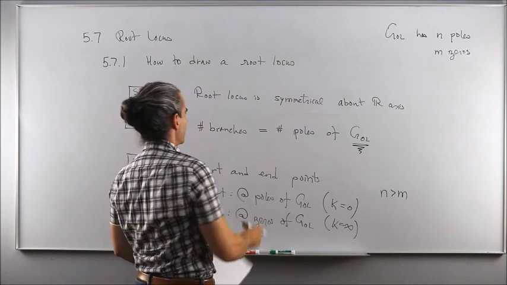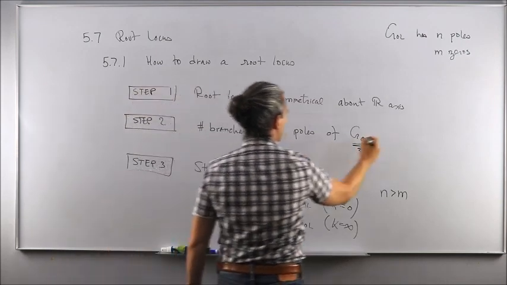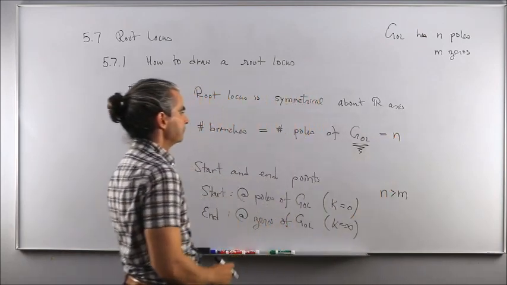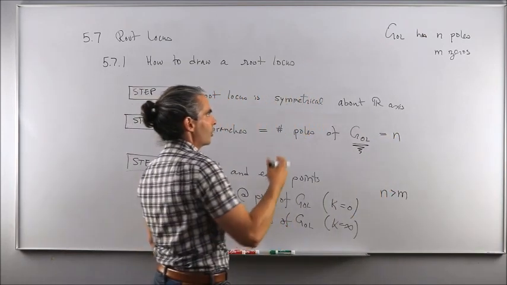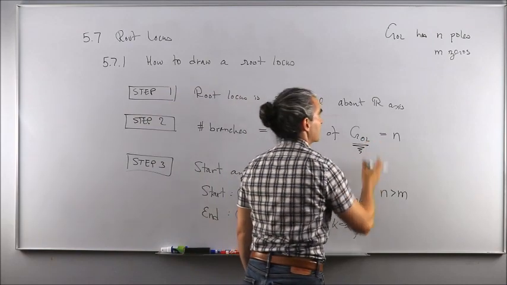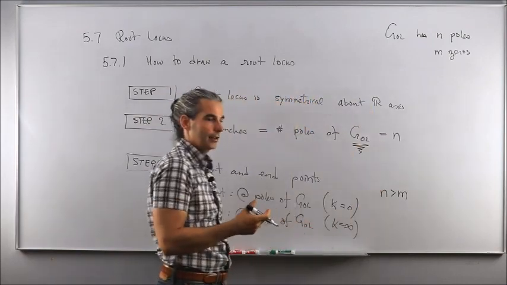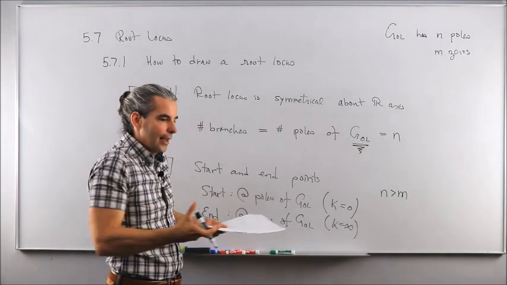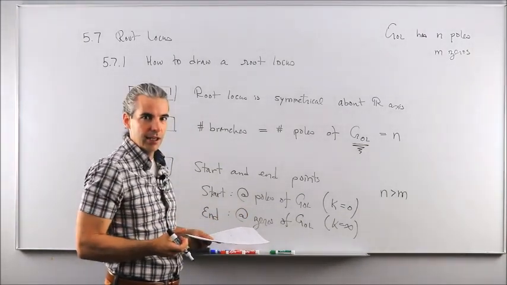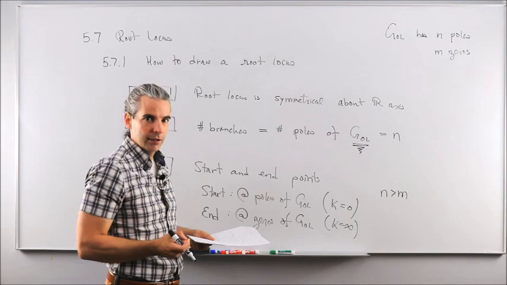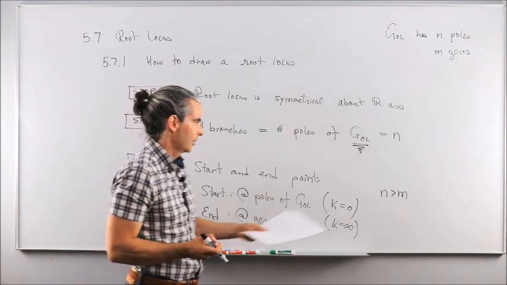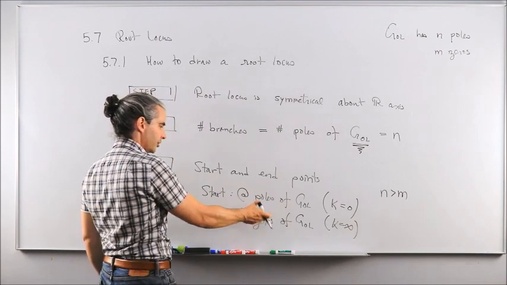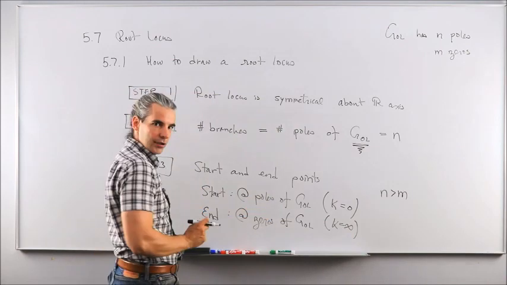Here, the number of branches was equal to n poles. But if you have more poles than zeros, there's no way that you're going to get the n poles ending up at n locations dictated by the zeros, because there are more poles than zeros. So you don't have sufficient zeros to catch all the poles, if you will.